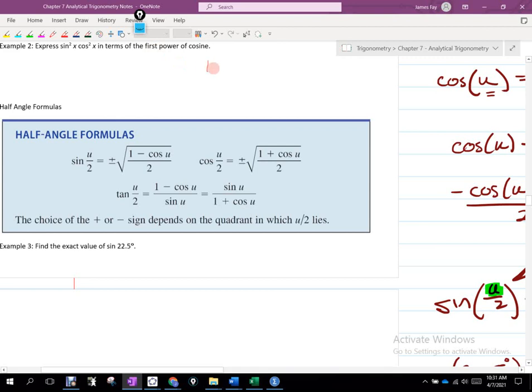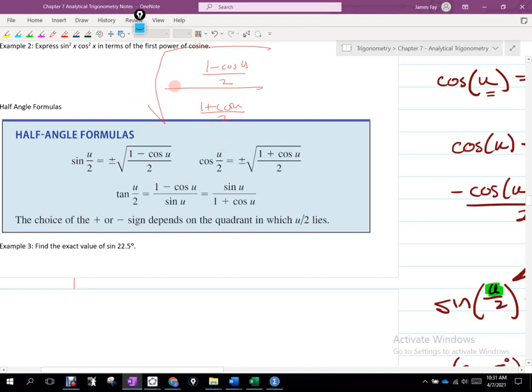If I go 1 minus cosine u over 2, and divide that by 1 plus cosine u over 2. Because the numerator and denominator are each under their own radical, can I really do this? Can I put them over or under the same radical? I kind of work backwards that way.